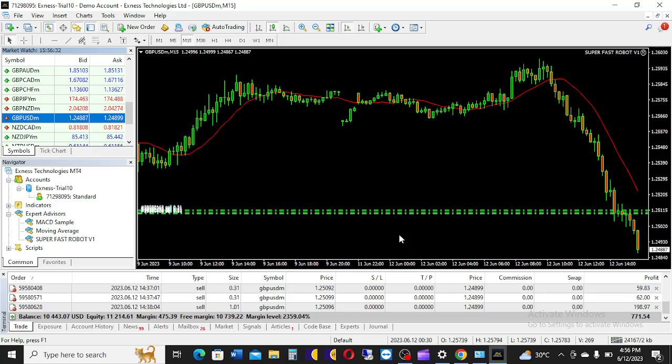Once you see that you have been able to understand the market structure and the market volatility, and you also gain the confidence, you are not afraid if the market is pulling back. So you know where to enter, and you know where to put your take profit.